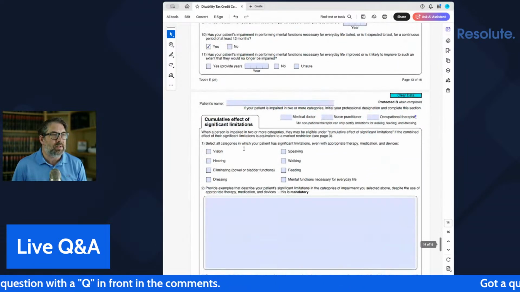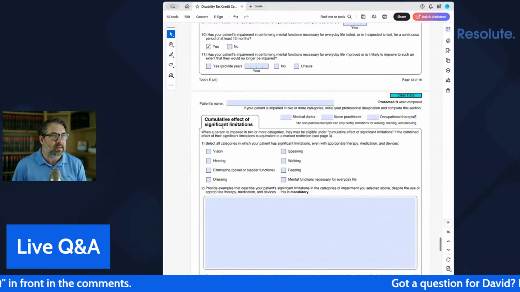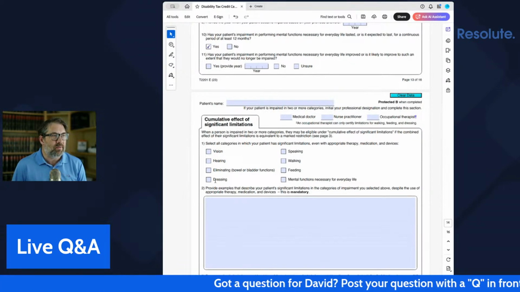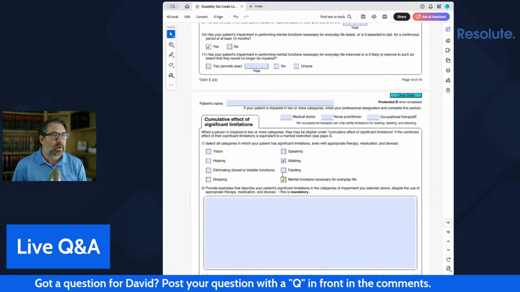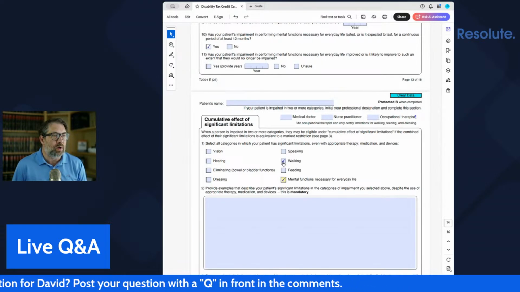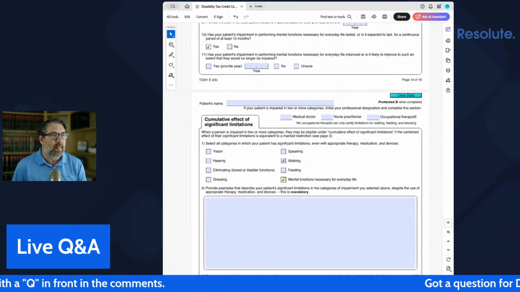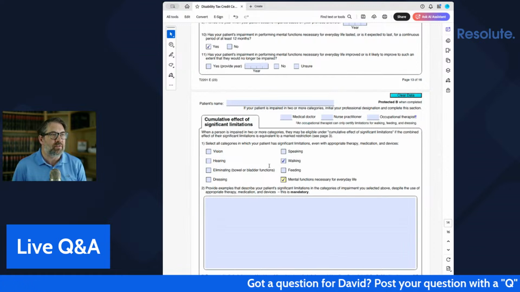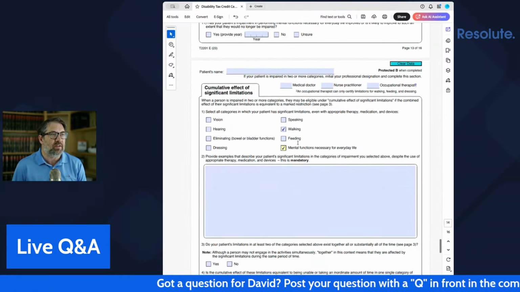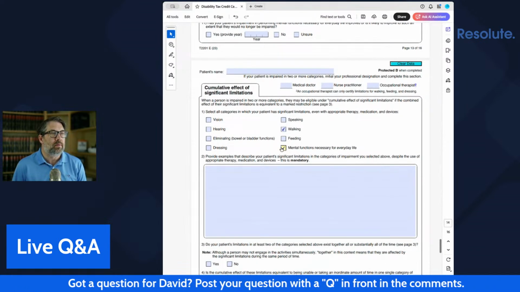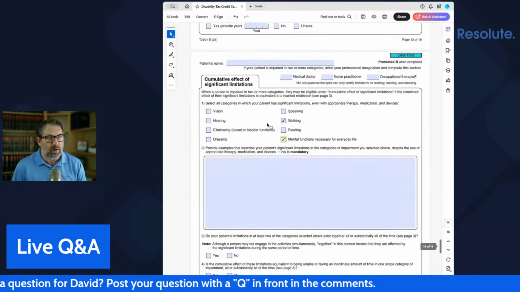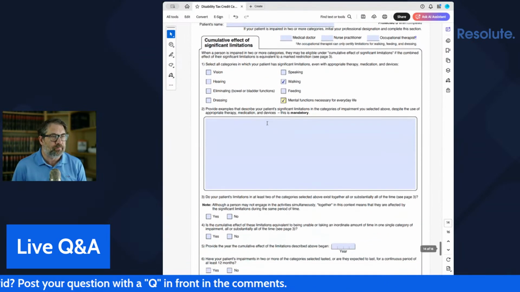You can still have this idea that you have a cumulative effect. So in one or more of these areas, let's say you have an issue with walking and mental functions or whatever, on each of them alone you would not meet the criteria, but they're both still quite serious, then the cumulative effect of both of these together would cause you to have overall a marked restriction.